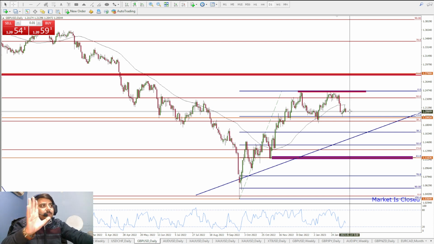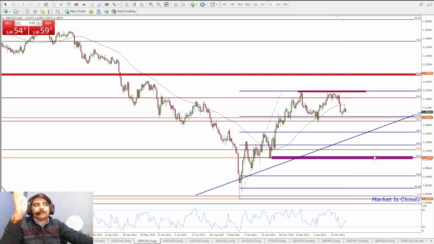This is valid unless price gives me a close above this level. From here, if it goes 500 negative from here, it's gone, right? Otherwise, it should go down 911 pips.